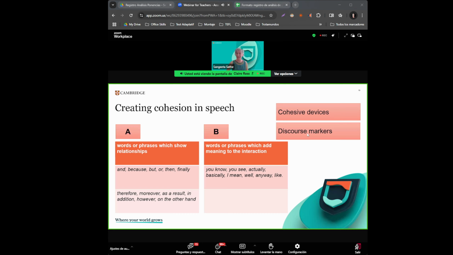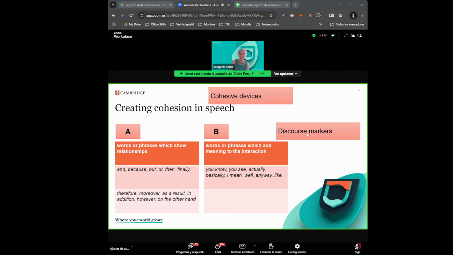So we're saying A, cohesive devices, B, discourse markers. It's moving so fast, I can't read it. Lots of people are just saying A and B. From the ones I can read, yes.